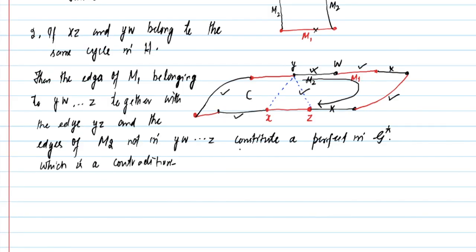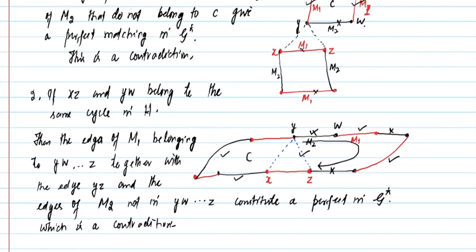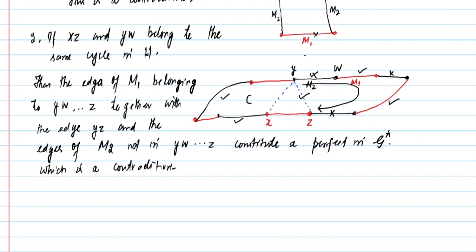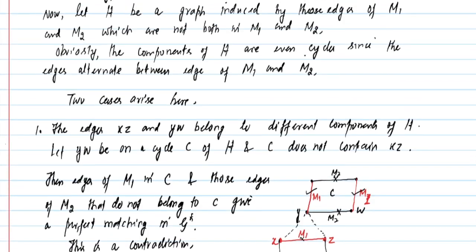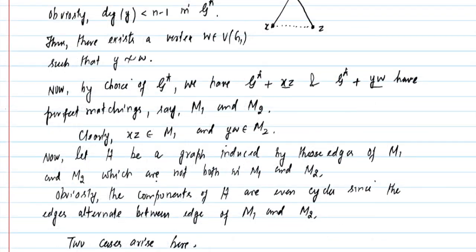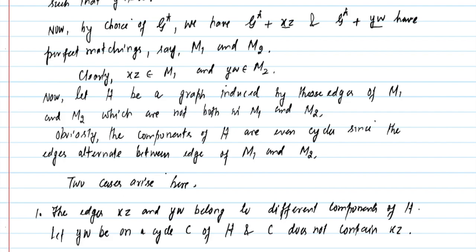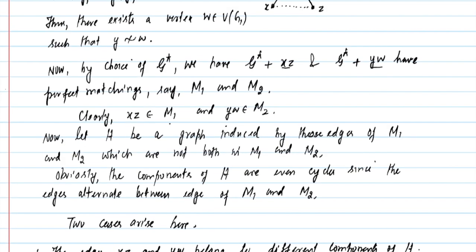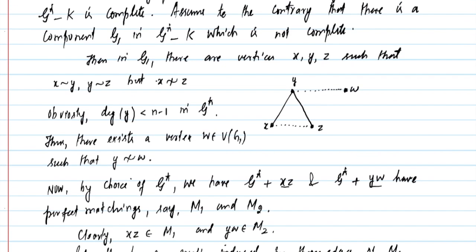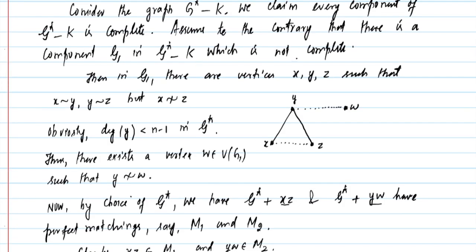So we have obtained a contradiction in both cases, whether these two edges YW and XZ belong to different components or the same component, because then we get a matching in G star. This contradiction was the consequence of our assumption that there is some component in G star minus K which is not complete.